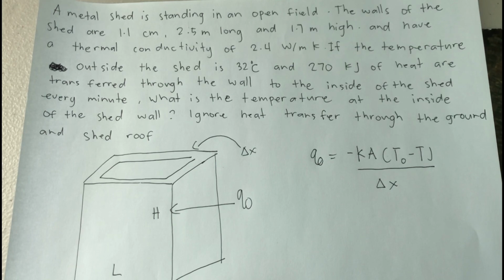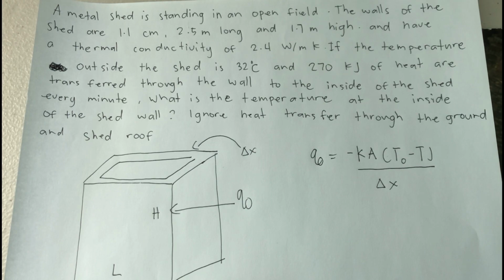So now when you're doing this, delta X is always negative. That means the sign on Q is controlled by your To minus Ti term.